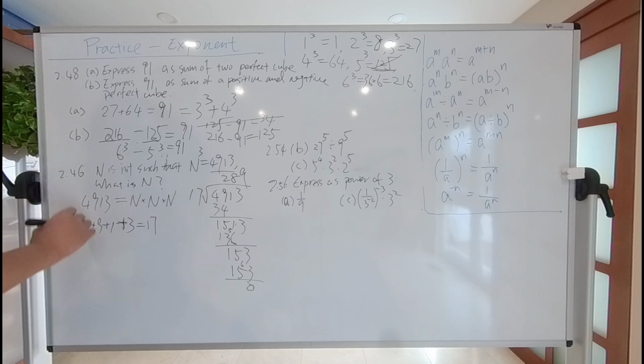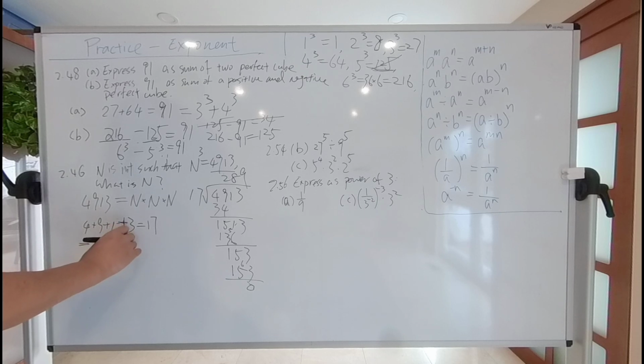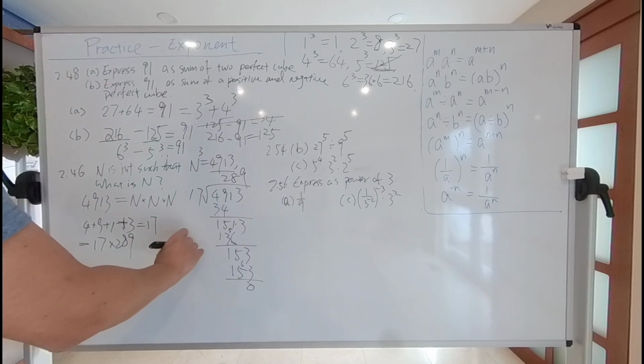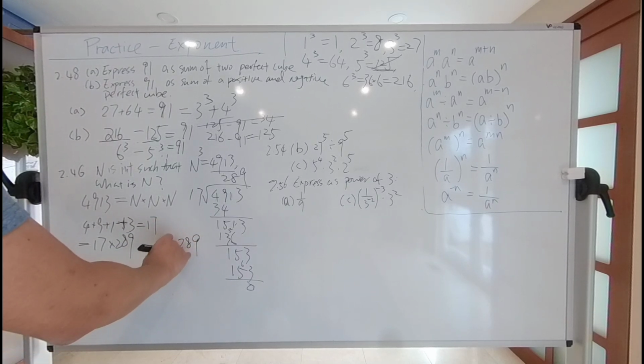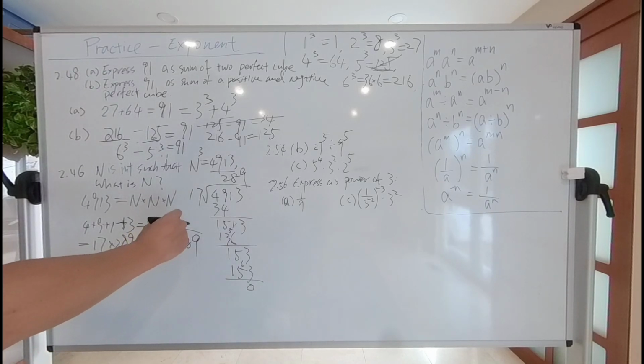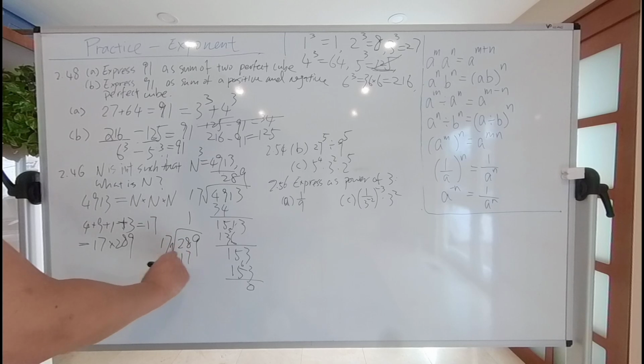So it first can be written as 17 times the remaining term of 289. And since we already have one factor, 17, then it's definitely worth trying to check if the remaining number is also divisible by 17. So this is 119.